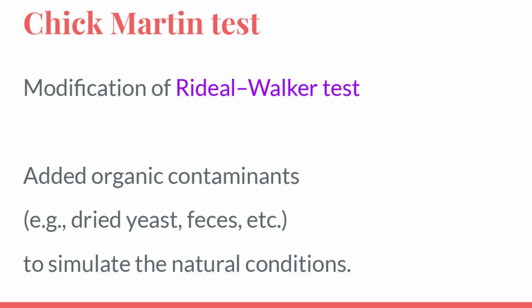That is, this test uses natural materials which simulate the actual disinfection condition. That is, the actual condition of the disinfectant area is simulated in the laboratory by adding dried yeast or feces in the test procedure.